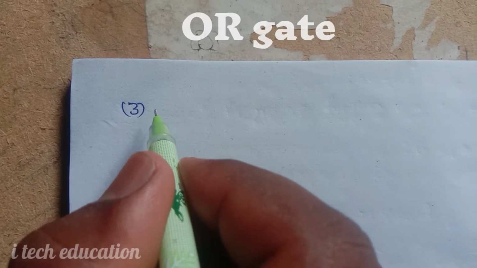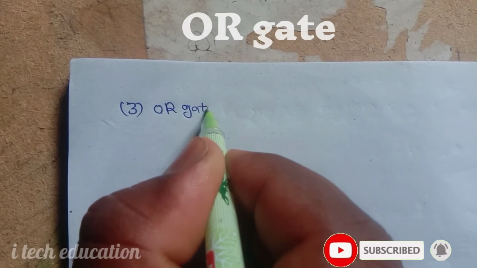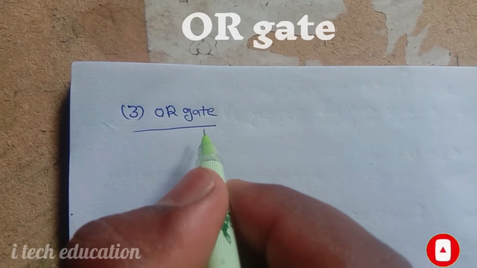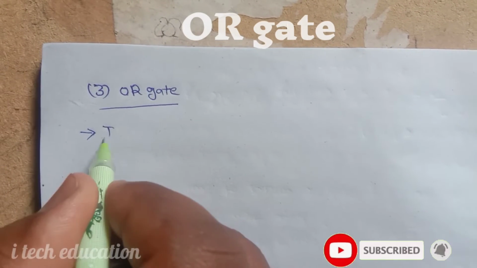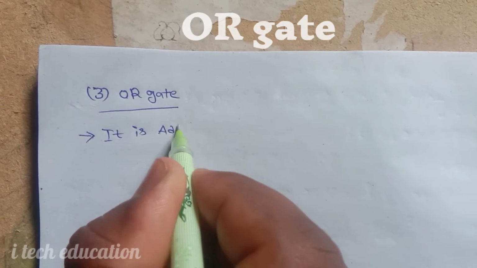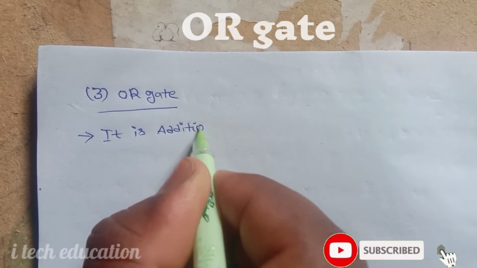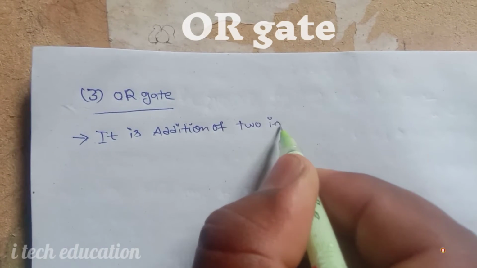Third one is OR gate. The definition of OR gate is: it is addition of two inputs.